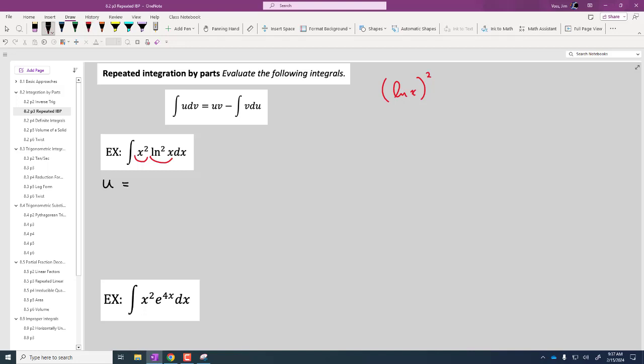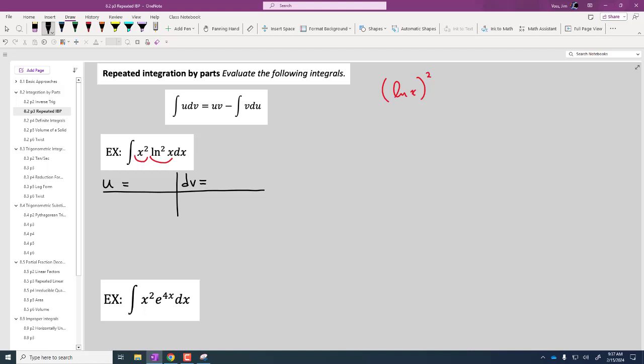Okay, so let's set up our little table. u dv, that's what we're trying to break the integrand into. And we're going to want to pick the biggest chunk of that integrand that's easily integrable. Well, as soon as we see the natural log, we should flinch.